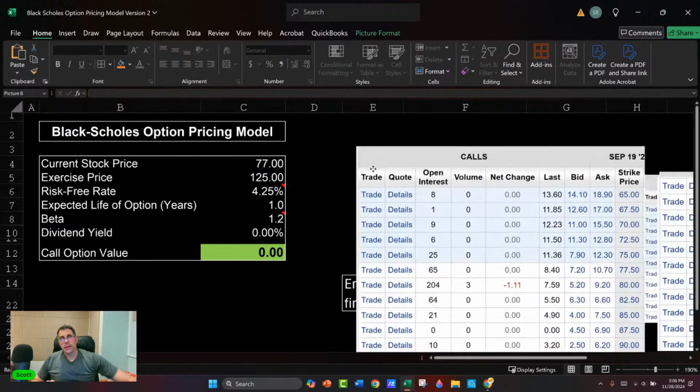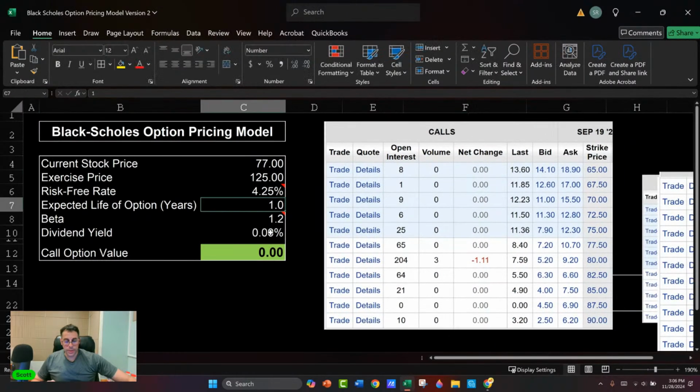So we're in December 2024. So it's like 0.8 years, something like that. Exercise price, we'll do 90.